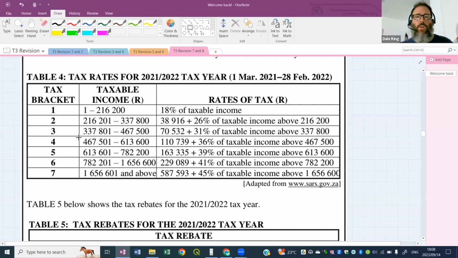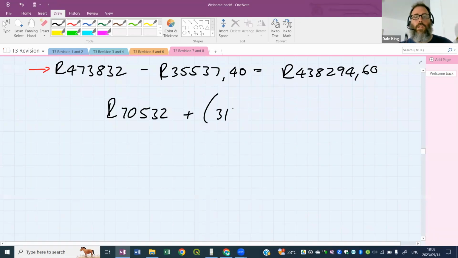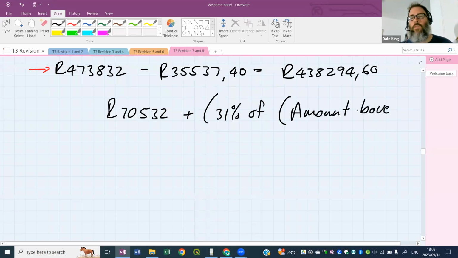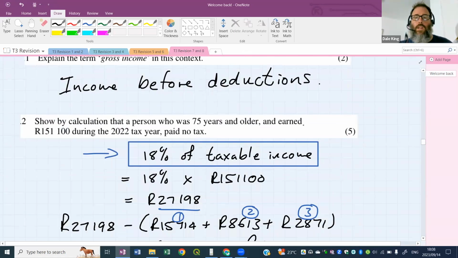So we need to work with this calculation here. I'm going to write this down at the bottom again. So it's 70,532 plus 31% of the amount above, the amount above, what was the amount? 337,800.